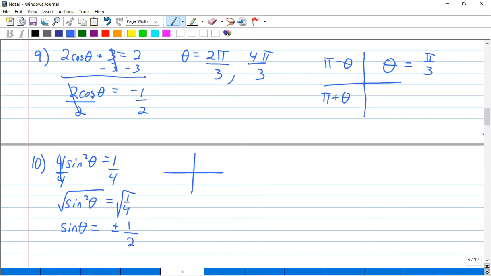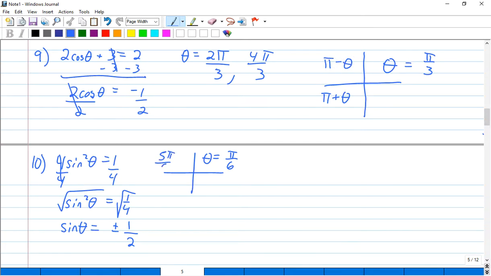And remember, sine is the y-coordinate on the unit circle. So if you look there in the first quadrant, you'll see a y of positive 1/2 at pi over 6. If you want the answer from the second quadrant, either you use your unit circle or you remember it's pi minus pi over 6.